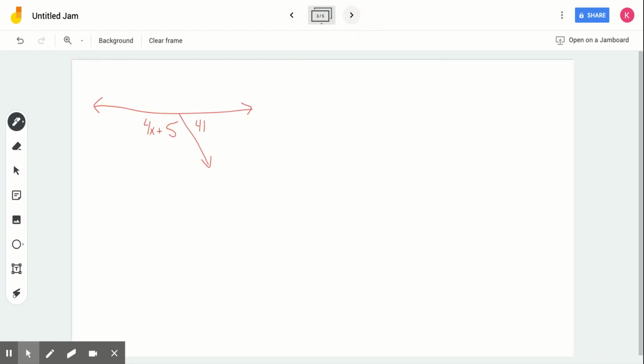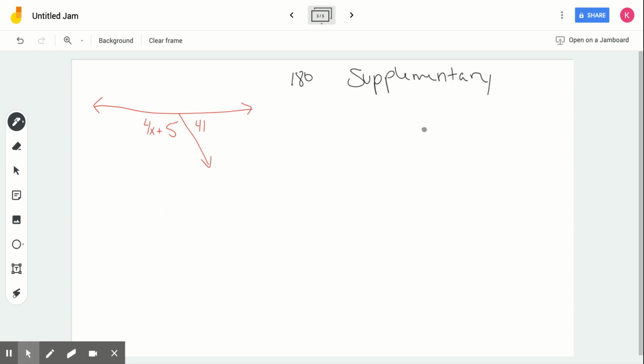Now in the next couple, it says tell whether the angles are complementary or supplementary, then find the value of x. We know that a straight angle or a straight line is 180 degrees. So these angles are supplementary. Now, in order to find x, we need to set up an equation.